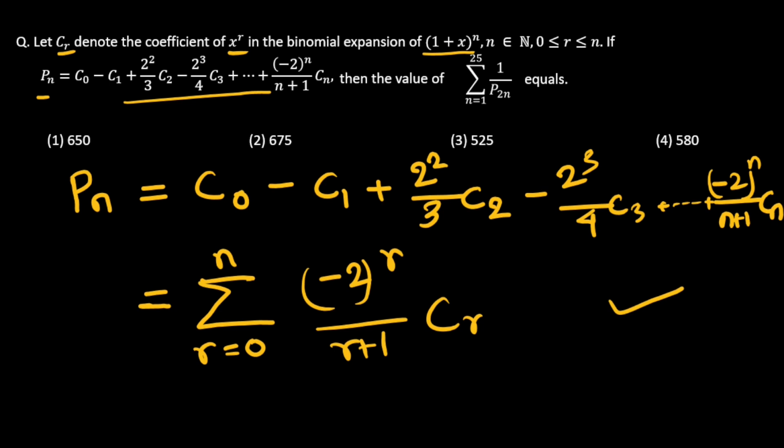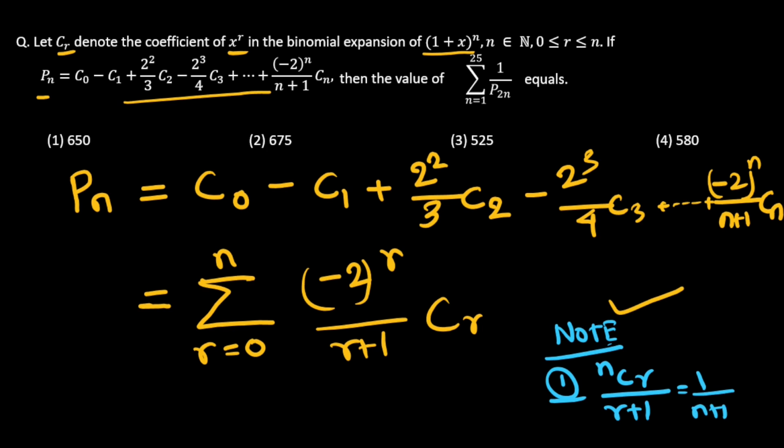Now we apply a binomial identity here such that this expression is converted to a nice form. Now we write a note. This binomial identity is nCr over r plus 1 is equal to 1 over n plus 1 times n plus 1 C r plus 1. So we use here CR is equal to nCr.